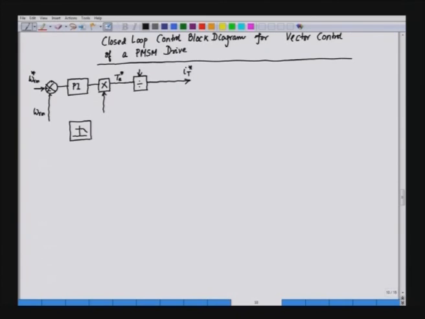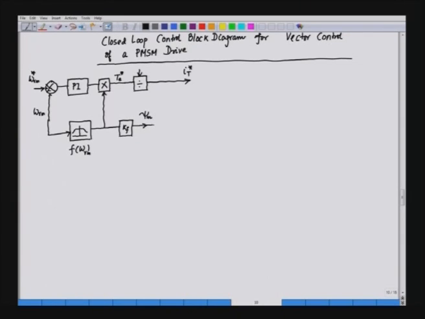This is a function generator we have, f of omega r m here, and this output goes to this particular block, and then this is multiplied by a constant, that is K f, to give us the magnetizing flux.